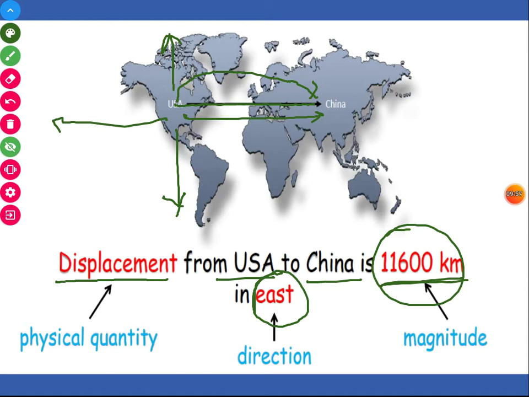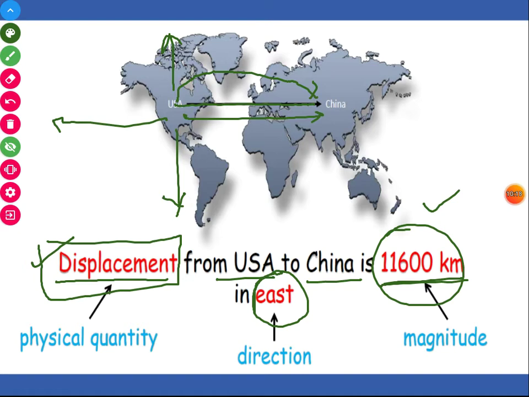Okay, it is 11,600 kilometer away, but in which direction? So displacement is another important vector quantity which is most widely used in physics. So it is a vector quantity. Just remember this thing.